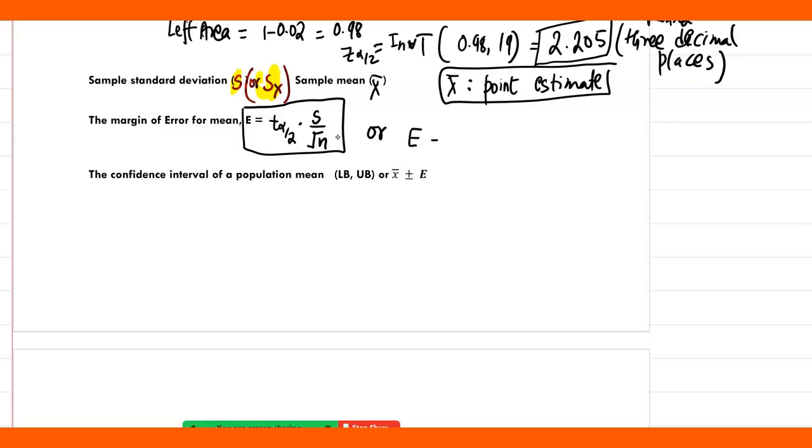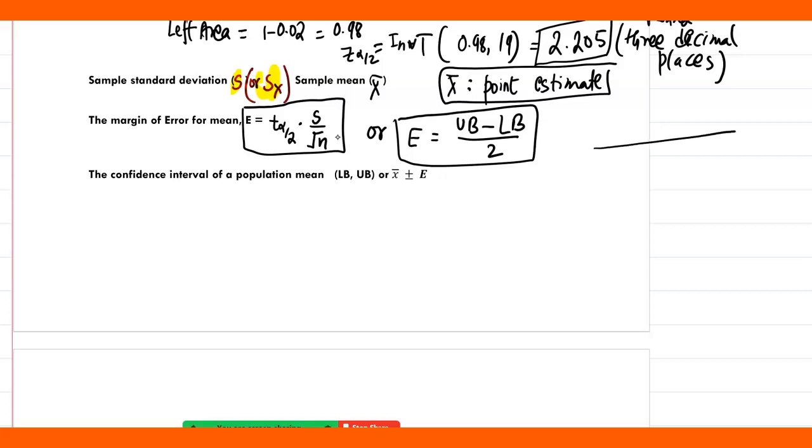E equals upper bound plus lower bound divided by 2. Oh, sorry, minus, my bad. It's minus. Upper bound minus lower bound divided by 2. Okay, notice that I'm talking about the confidence interval here.